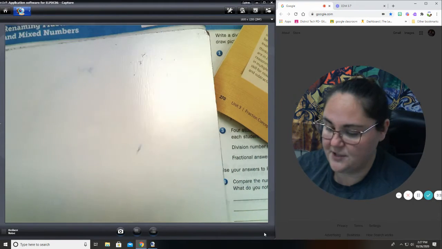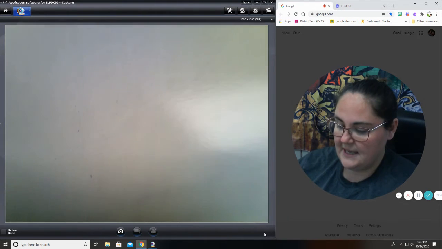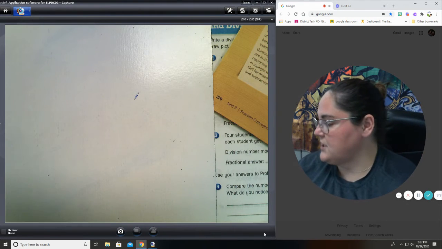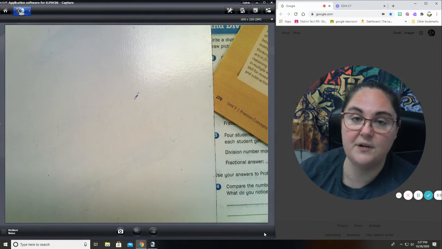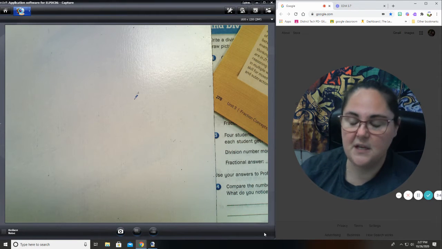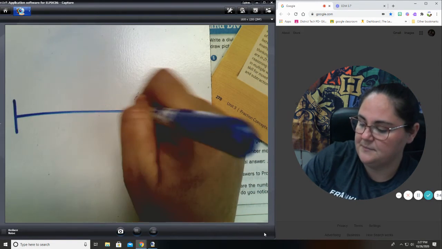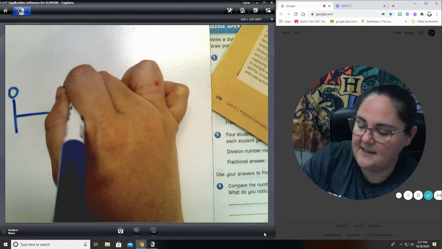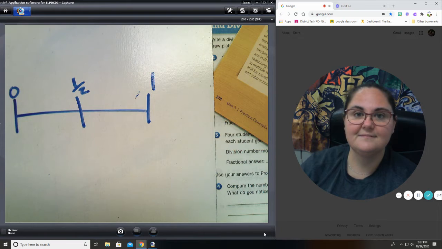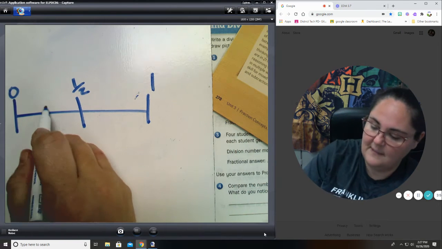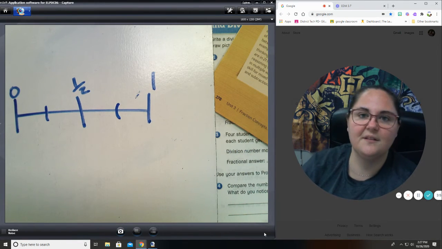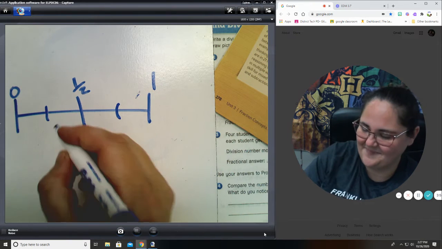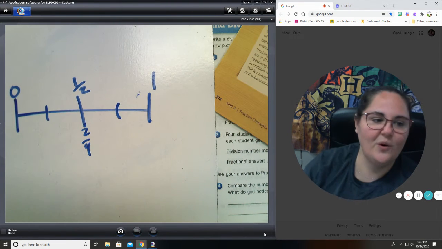So now we're going to do a little bit more practice. You're going to look on page 90 in a moment, but we're going to talk a little bit about how different numbers have similar names. So if I had my number line here, I could say that this is 1/2, correct? Now, how much is it worth? 2/4.